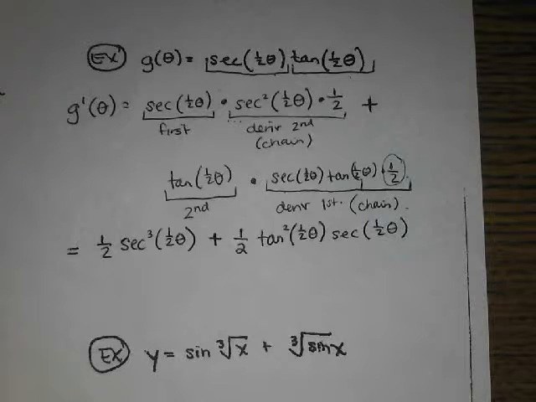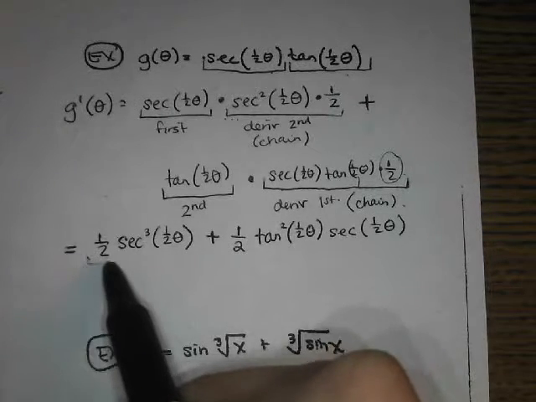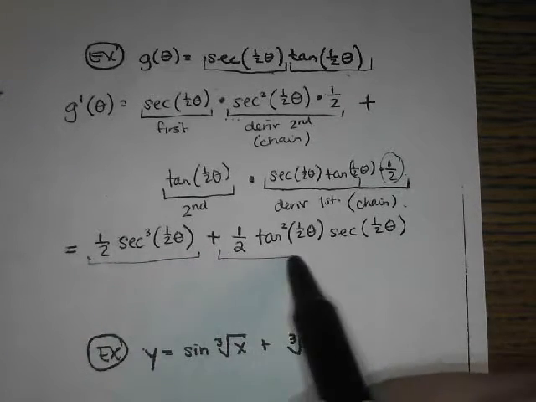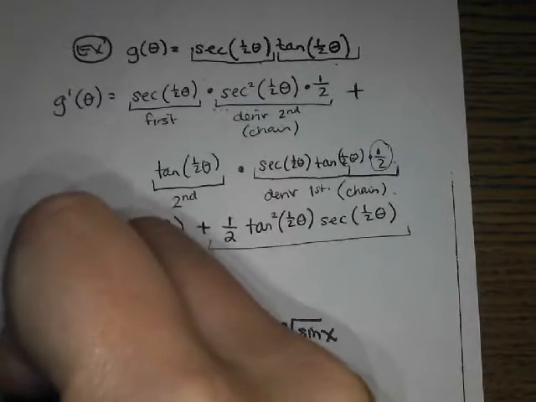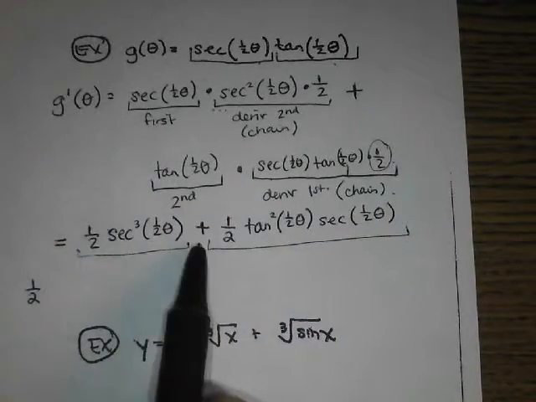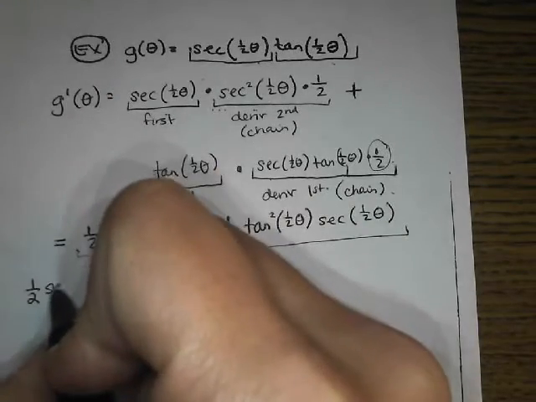But if it's not, what else could we do to this to try to take it a step further? Right now it's a binomial. We've got our first term and we've got our second term. Factor out what? A half. They both have a half, and they both have the secant of a half theta.